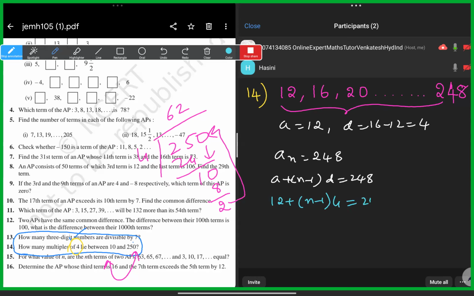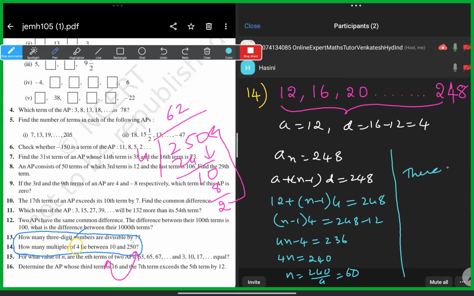So (n minus 1) into 4 is equal to 248 minus 12. 4n minus 4 is equal to 236. 4n is equal to 236 plus 4, 240. n is 60. So there are 60 multiples of 4 between 10 and 250.